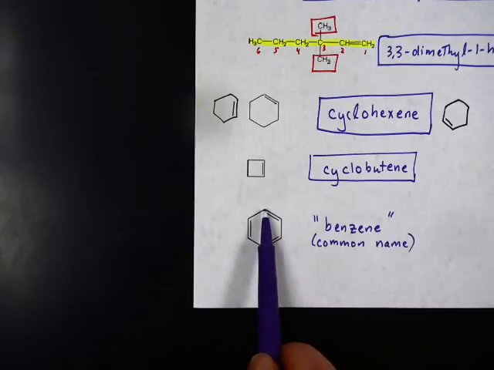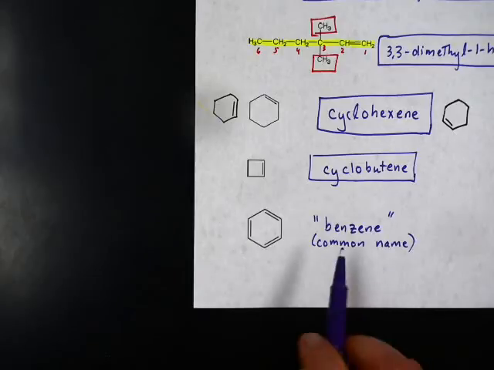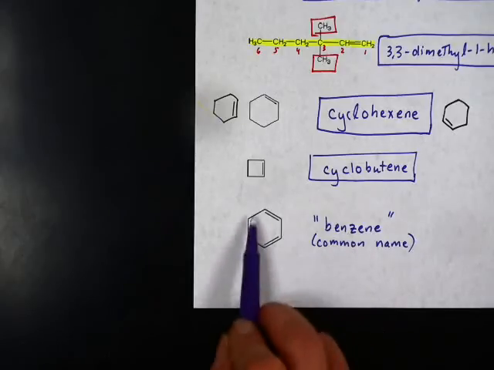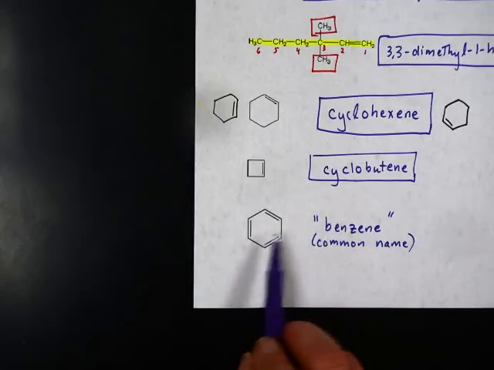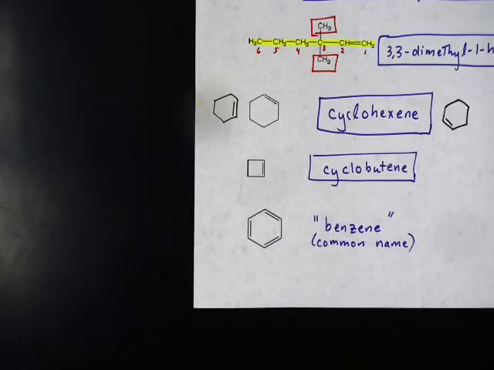This would be 1,3,5-cyclohexatriene, and it's never referred to as that. It's referred to by its common name, benzene. This will come up often enough for us that we should be familiar with the name and the structure. Benzene. And there you have it, some practice naming alkenes.